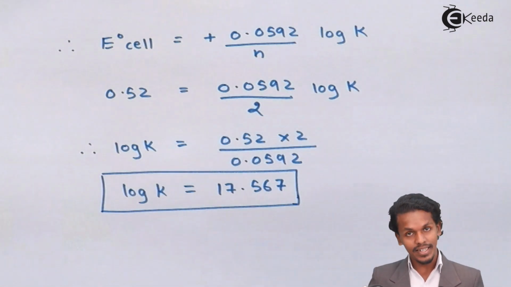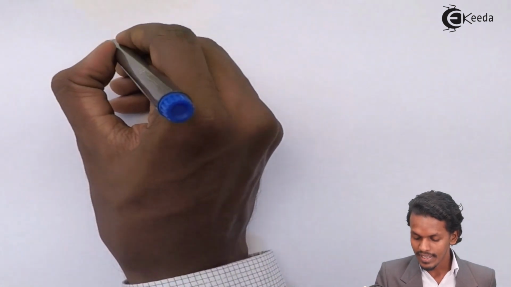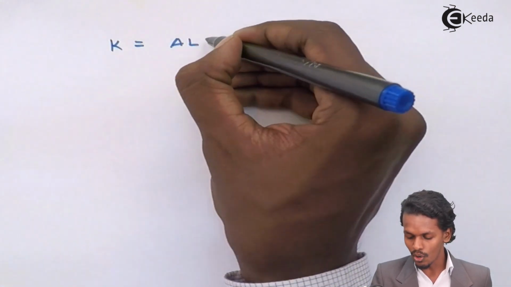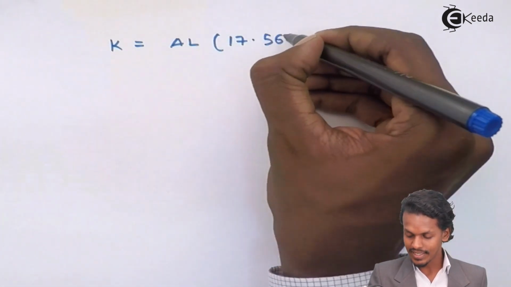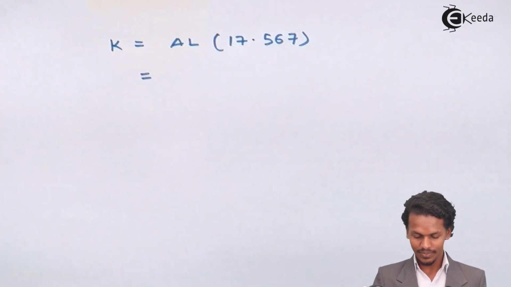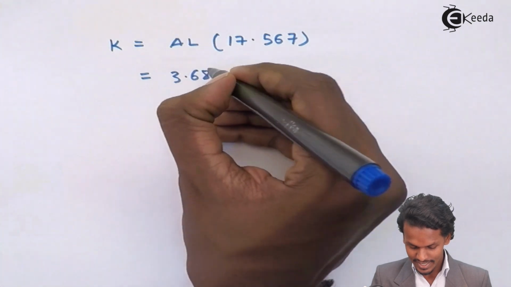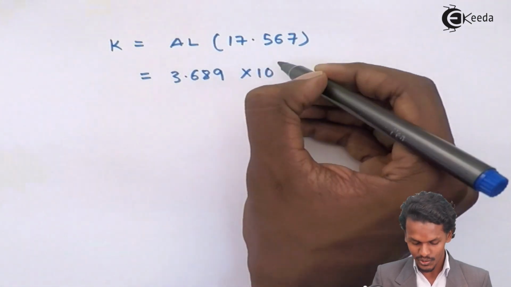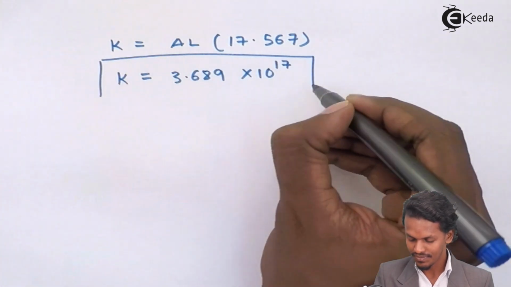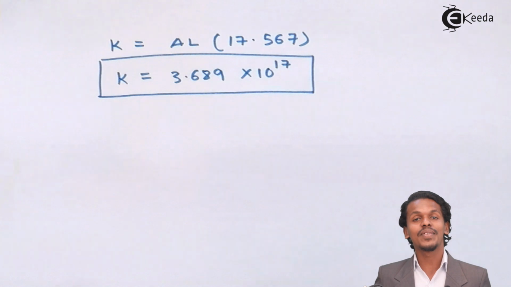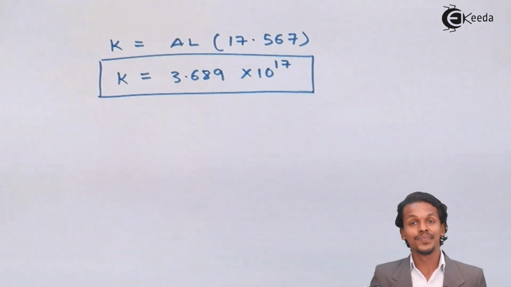So K is equal to the antilog of 17.567, and let us see what answer we get. We have got an answer of 3.689 into 10 raised to 17. So this is the value of the equilibrium constant that we have calculated.